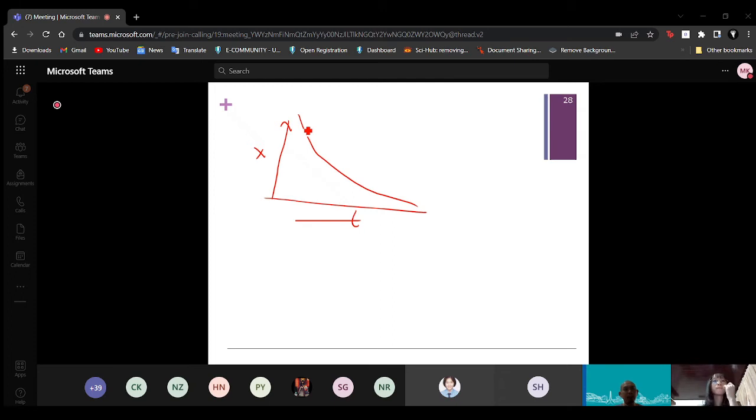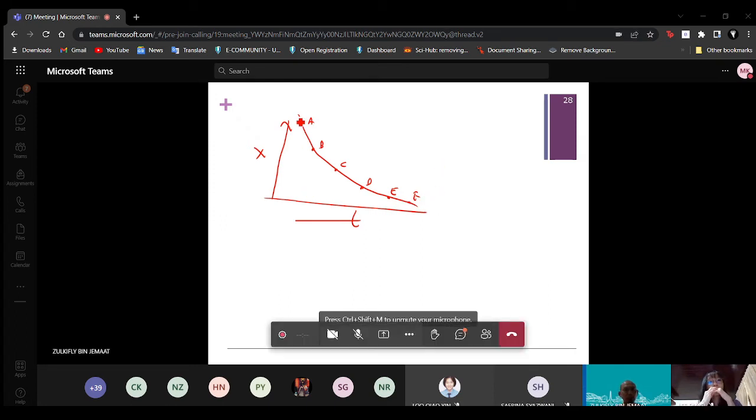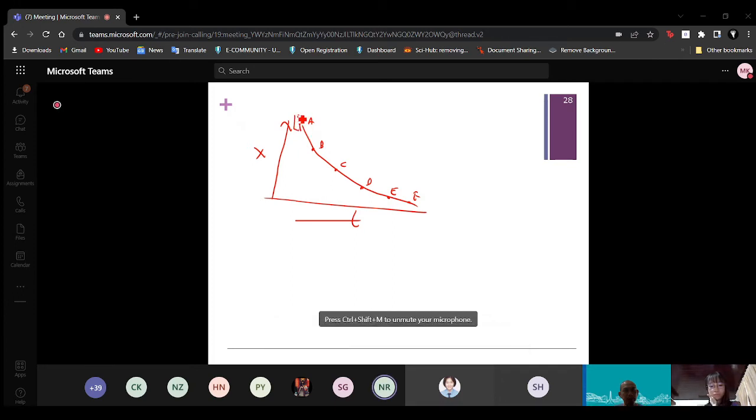Let's say this is point A, point B, point C, point D, point E, F. For example. So what you need to do is find the tangent. This tangent is basically dx over dt for A.